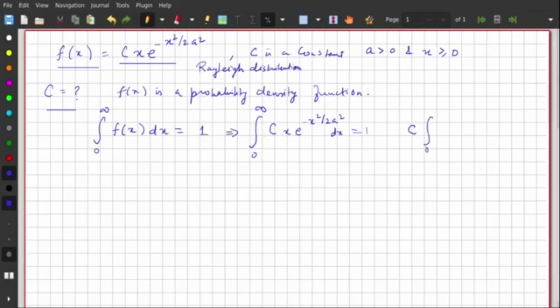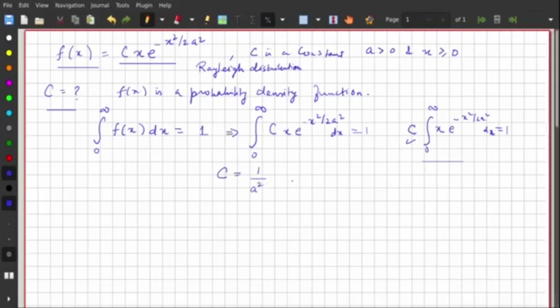So this becomes the integral from 0 to infinity of x e to the power minus x square by 2a square dx equals 1. We can calculate this integral quite easily, and from here we can find out what c is. If you compute the integral, you will see c comes out to be 1 over a square.